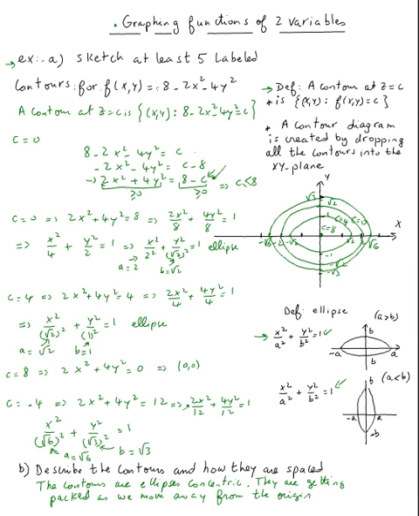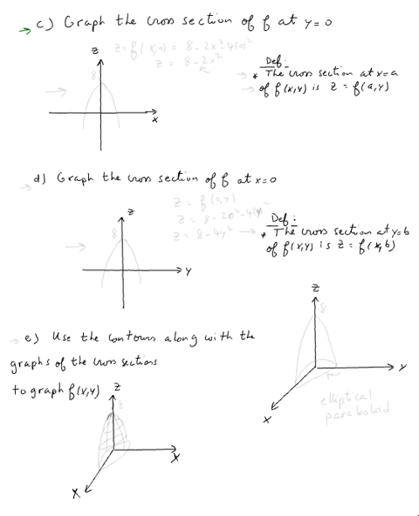Alright, now let's move on to question C. Graph the cross section of f at y equals 0, and I'm looking at the definition. So the cross section means whatever I see at y equals 0 will be right here.